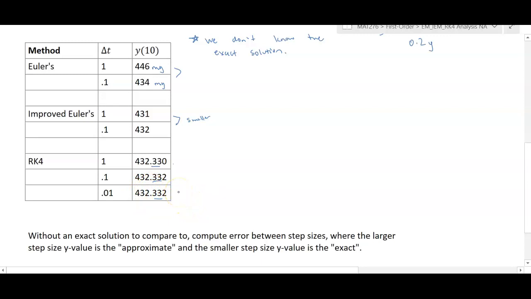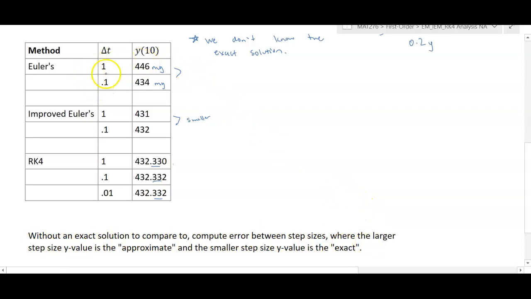Now, in order to actually get an error analysis without an exact solution to compare to, compute the error between step sizes, where the larger step size y value is the approximate, and the smaller step size y value is the exact.